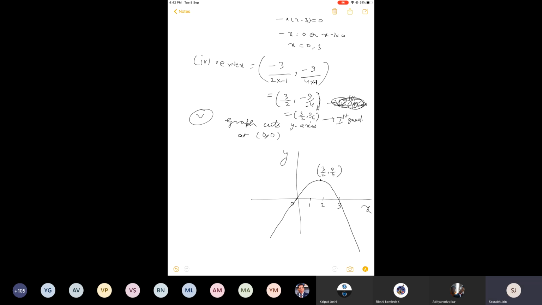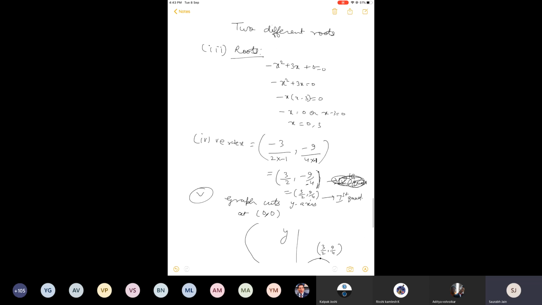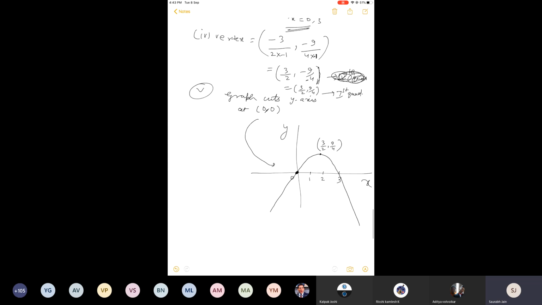And the point where the graph cuts the y-axis is this 0 comma 0, and it is also the root. So what is happening here? 2 points are becoming the same. It may happen because if you put x as 0, you will get y as 0, because of the equation, and it is also coming as a root. So no issues, no problem. It can happen.